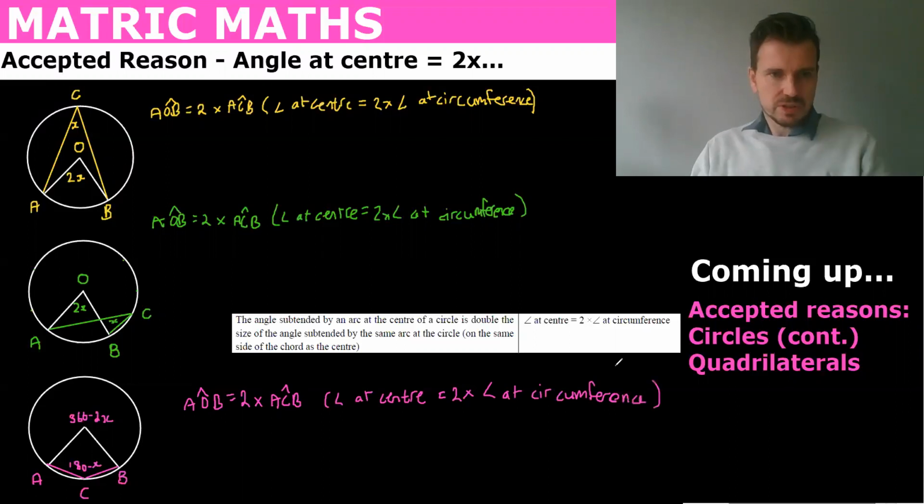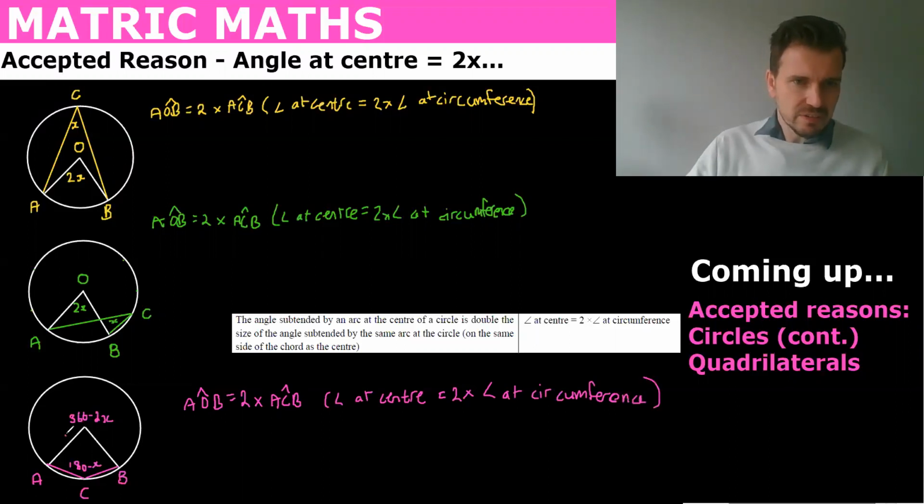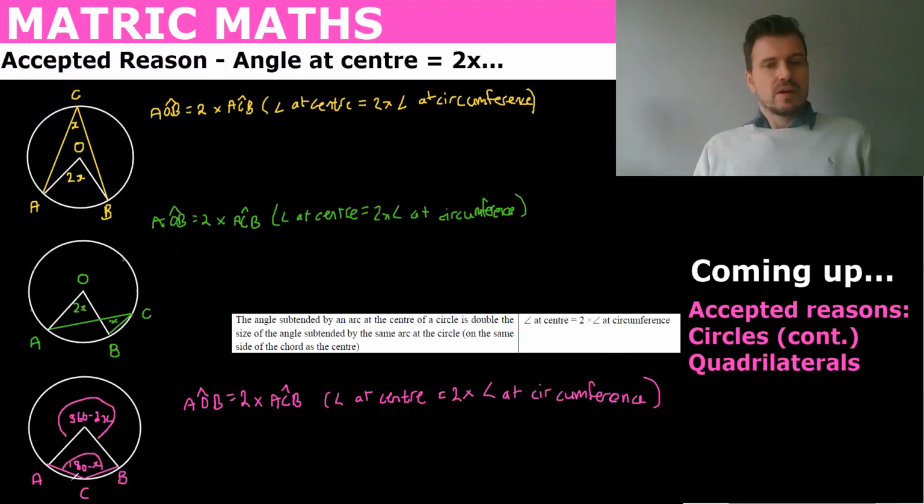We're talking about this angle and this angle. Okay, so hopefully you can see the difference with that third one in pink. They're all the same theorem, but it's just slightly different angles that we're looking at, particularly on that third one.